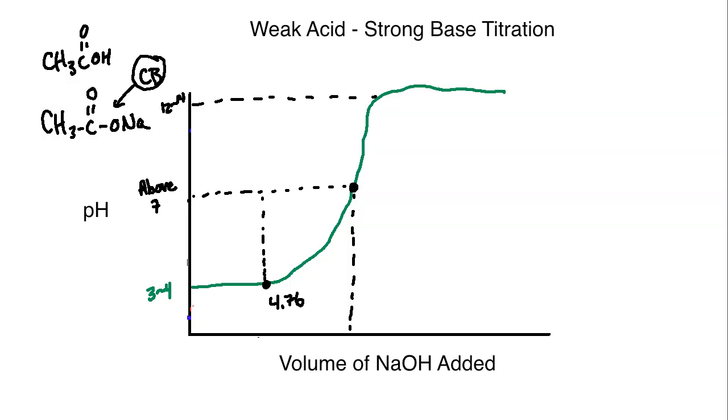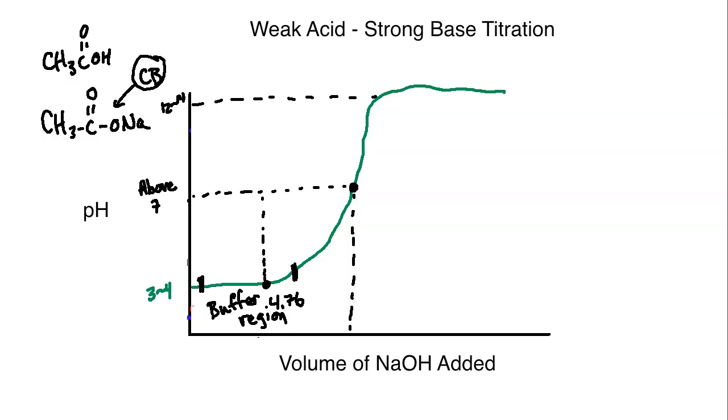Now, one other thing I wanted to mention: when you get into this region that contains the half volume of the pKa, where the pH follows the Henderson-Hasselbalch equation, this is known as the buffering region. So you can see that while there is a climb, it stays somewhat steady despite the fact that we are dropping sodium hydroxide into it.